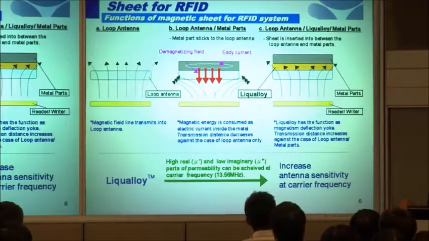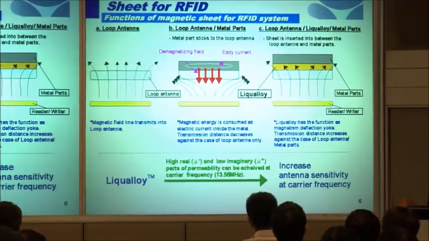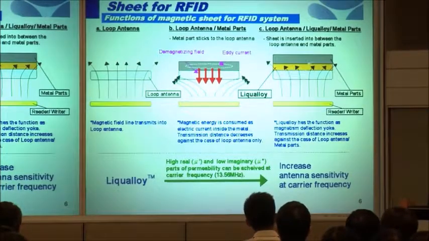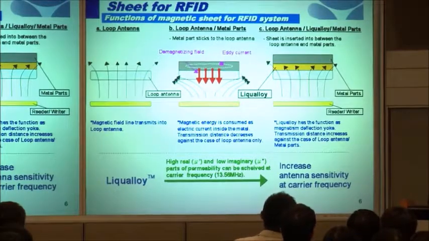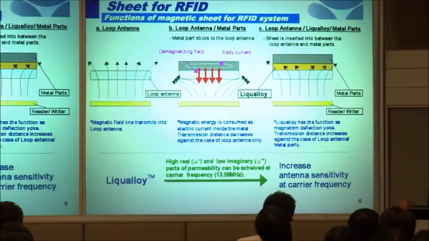Also, the ZrACuNi sheet has been commercialized for radio frequency identification systems. When we insert it between the metal parts, the electromagnetic device parts, and the loop antenna, magnetic flux lines can enter into the antenna.